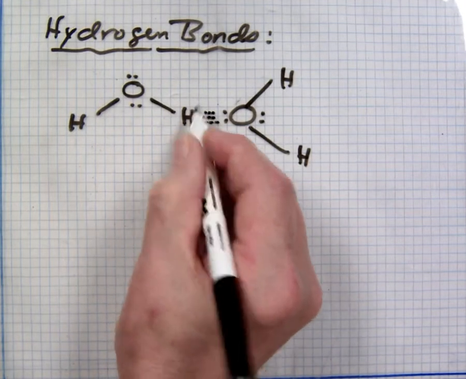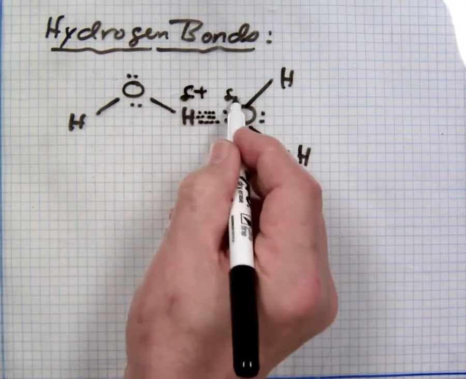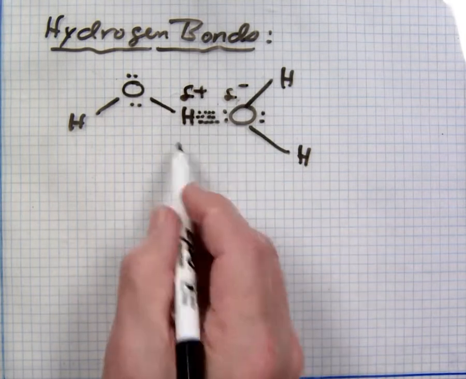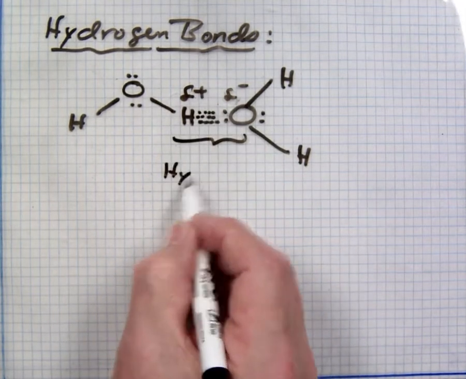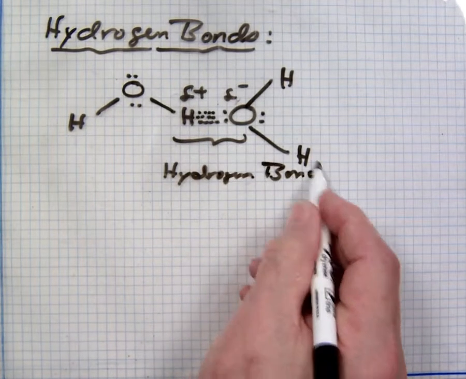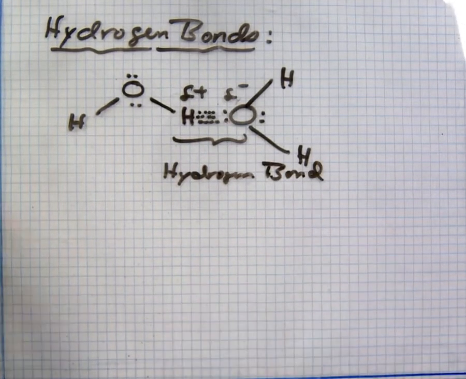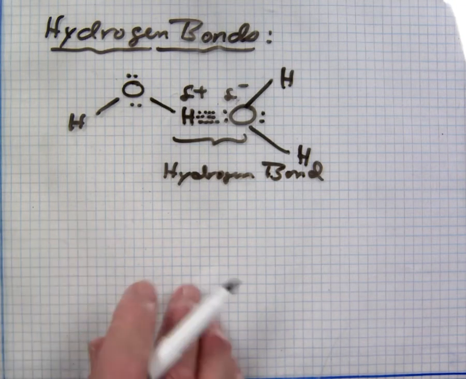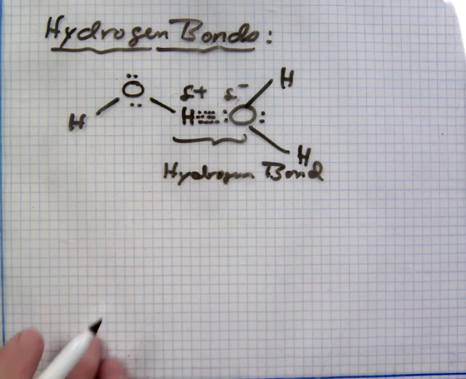And this plus-minus interaction right here is the hydrogen bond. Hydrogen bonds are very strong compared to simple dipole-dipole interactions. Hydrogen bonds really push the interaction of molecules together and cause a rapid increase in boiling points, and we'll get to that in a minute. I'll show you a graphic.